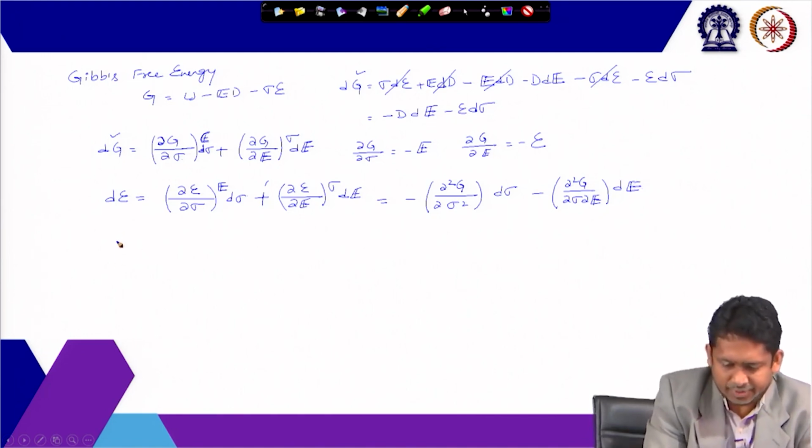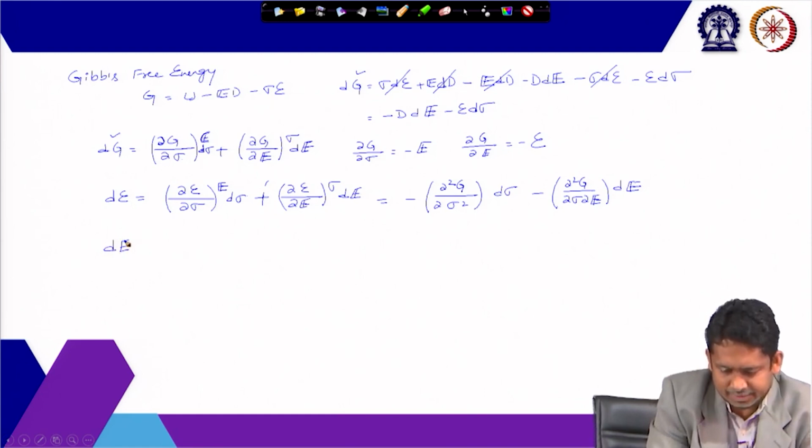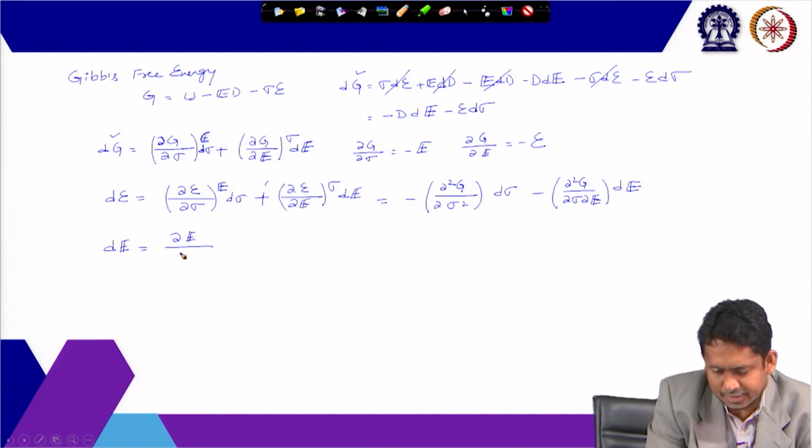Similarly, we can write the electric field quantity as the partial derivative with respect to sigma.